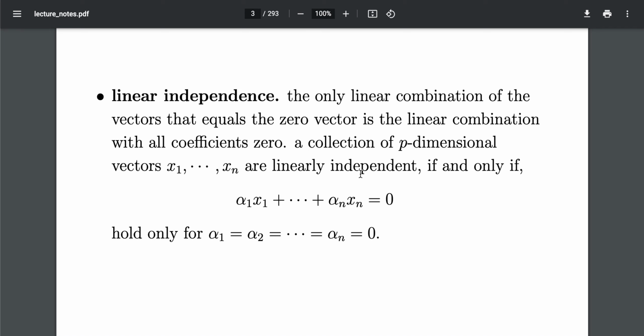But when there's linear independence, there is no redundancy, and each of them is pointing in a different direction, and we cannot combine any subset of them to tell the same story that the other predictor is saying.